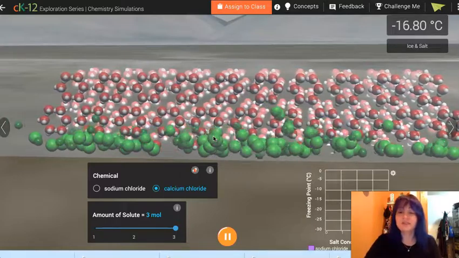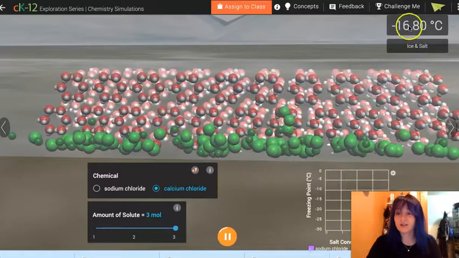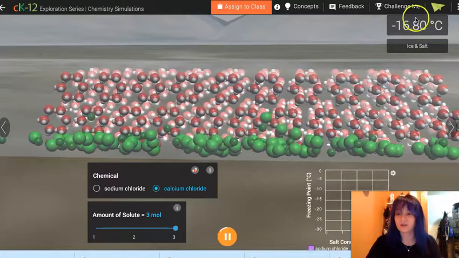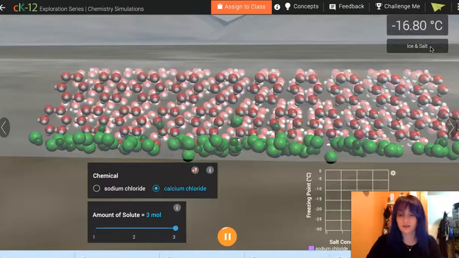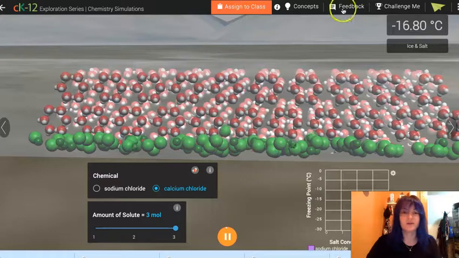But as you can see, that had a really big effect on the freezing point. Negative 16 degrees Celsius, that is quite the effect. So this is why we put salt on icy roads. It's because you want to disrupt those intermolecular forces and make it harder for that solvent to freeze up.